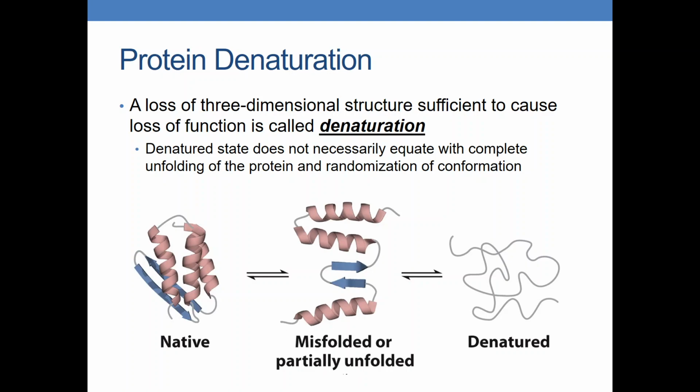So just remember, at the end of the day, to denature something, all that means is that you have disrupted the three-dimensional structure enough to cause loss of function. That doesn't necessarily mean that you have disrupted all secondary structure and gone to the noodle state that is shown here. That is not what that means. To denature is to lose structure to the point that you also lose function.